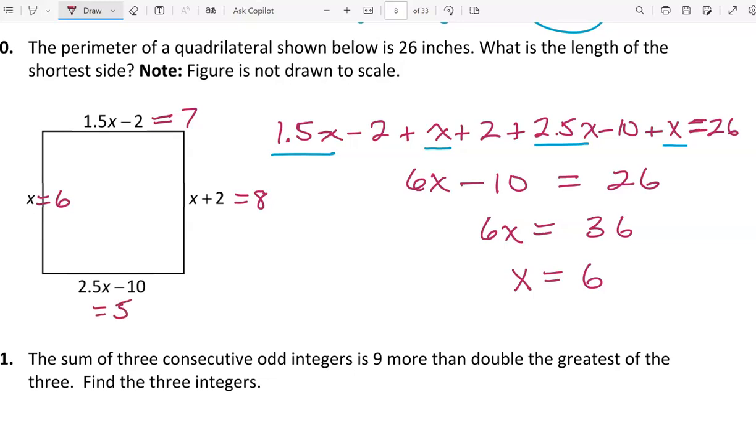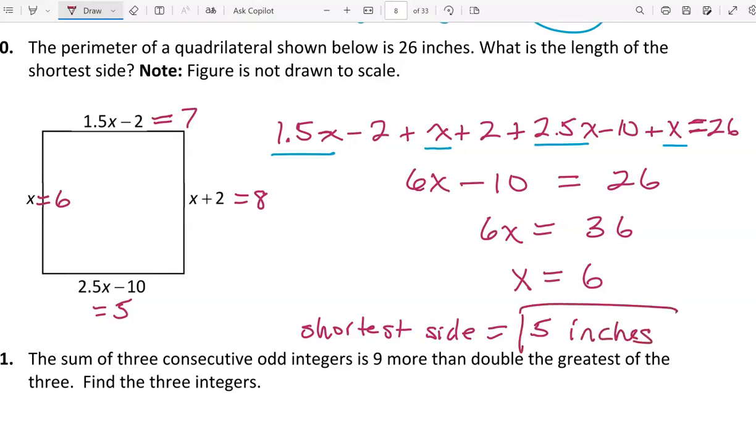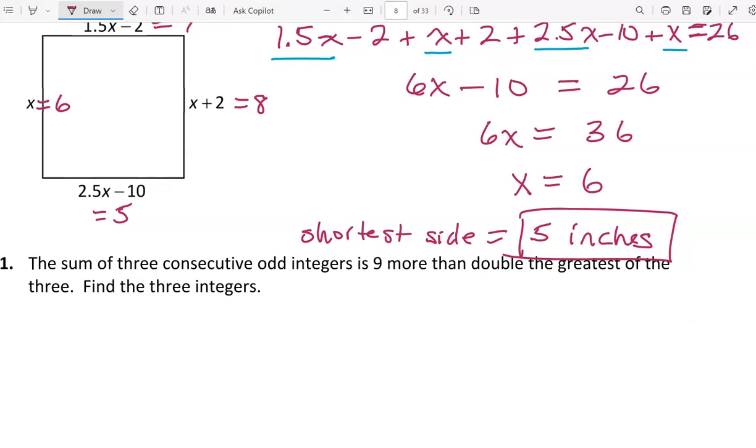And so what is our shortest side? Our shortest side is 5. And it would be a good idea to put units on that, 5 inches.